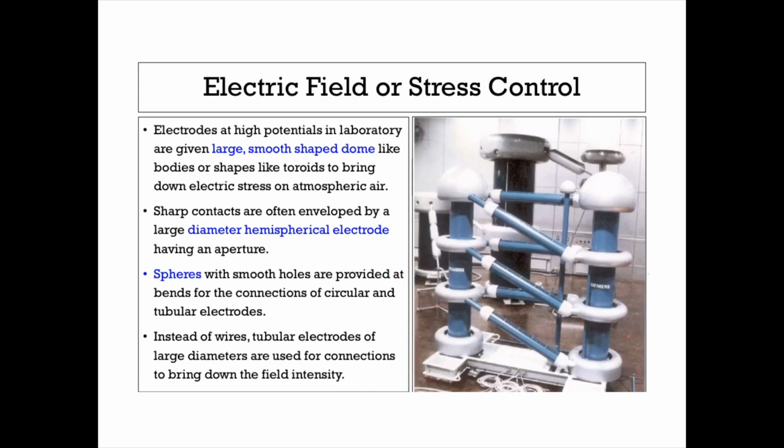So the figure on the right side represents a high voltage equipment. The electrodes at high potentials in the laboratory are given large smooth dome-like shape, which you can notice here, so that the electric stress on the atmospheric air can be minimized. The sharp contacts are generally enveloped by large diameter hemispherical electrodes having an aperture.